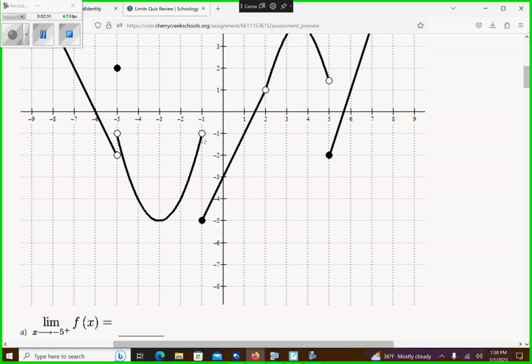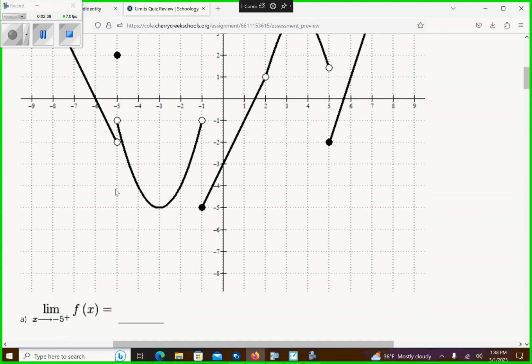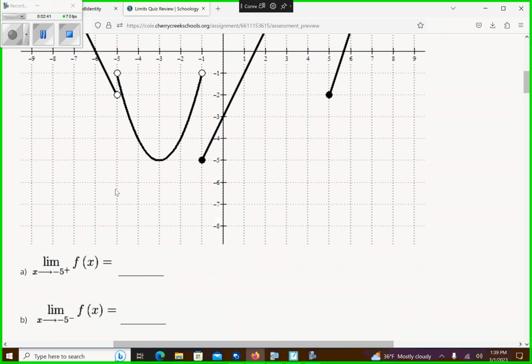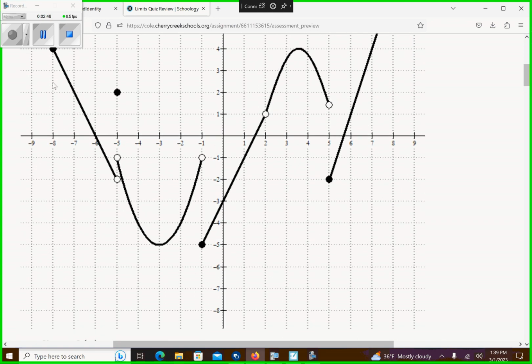As this follows along this path, at -5, it gets to -1. That's the first answer. And then as we progress down, the next one says I have -5 raised to the negative. That means I'm coming from this side. So that gets me to -2.